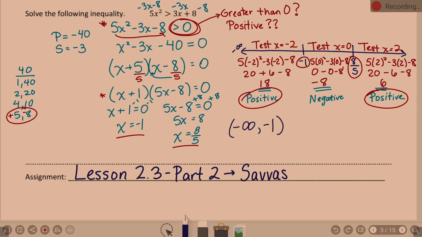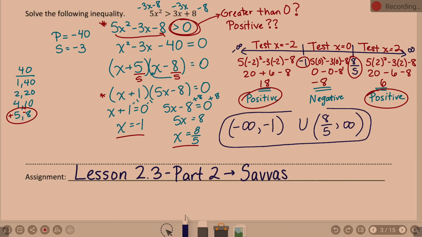Now, where might you use brackets today? If instead of it just being less than or greater than, it said less than or equal to or greater than or equal to, then it could be brackets. Beware. Okay. Where else are we positive? Over here, yes? And where does this interval start? 8/5 all the way over to positive infinity. Infinity uses parentheses, 8/5 also uses parentheses here because we're not asking about equal to 0. We just want greater than 0.